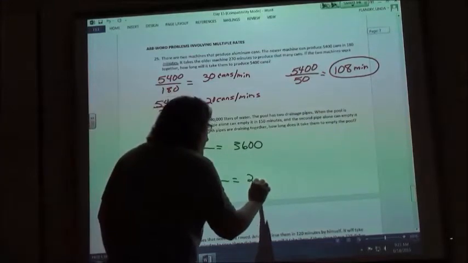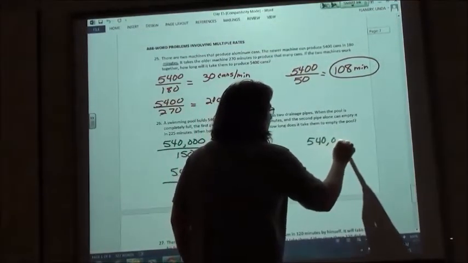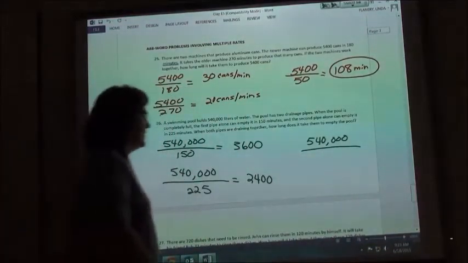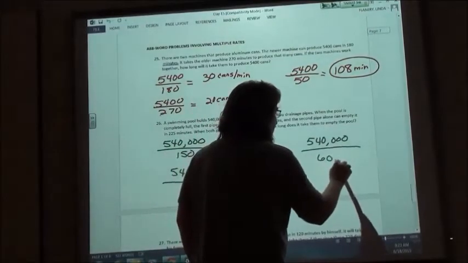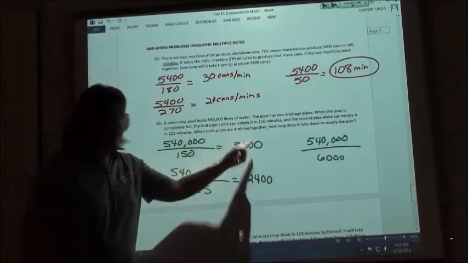2,400. So if they work together, how many liters together can they pump out? 6,000, right?